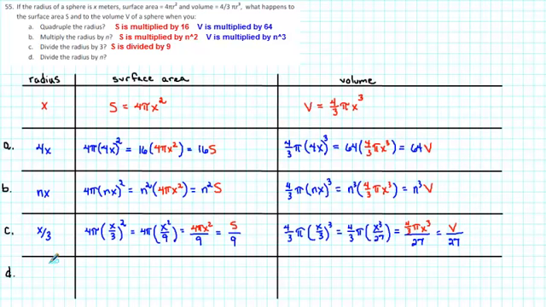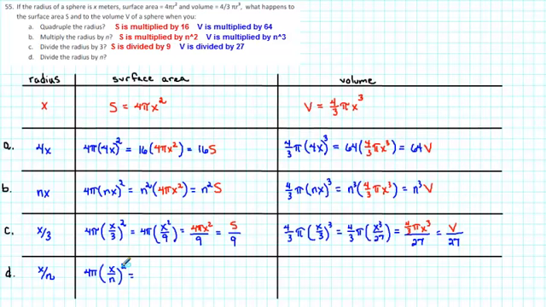For part D, we want to determine what happens when you divide the radius by n. When we divide x by n, we get x over n. To determine what happens to the surface area, we substitute x over n for r in the surface area formula. That gives us 4 pi times the square of x over n.